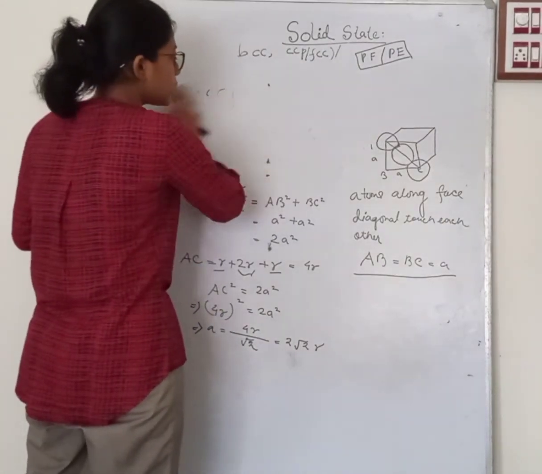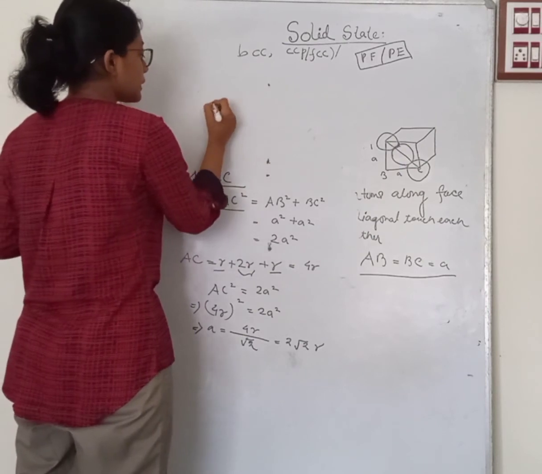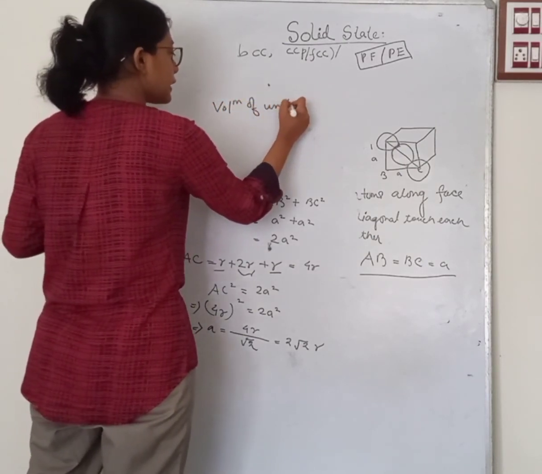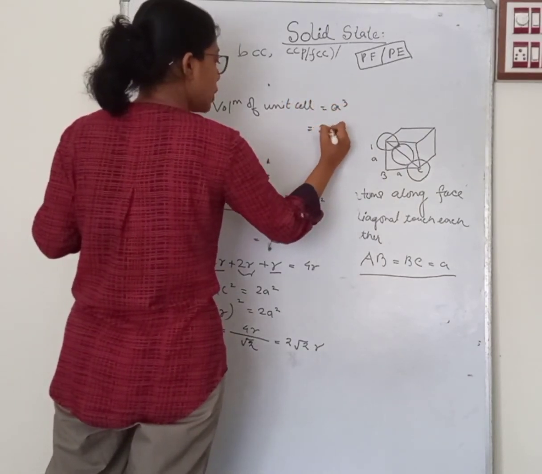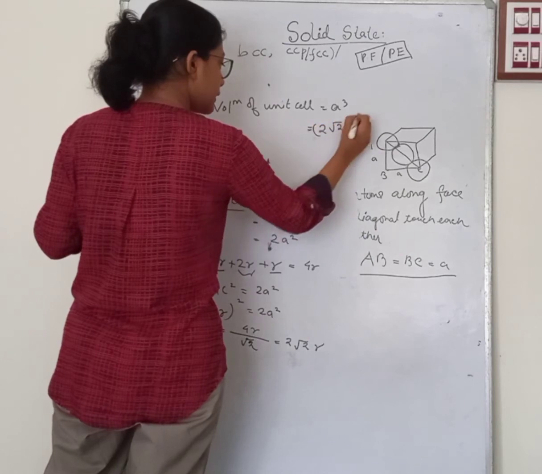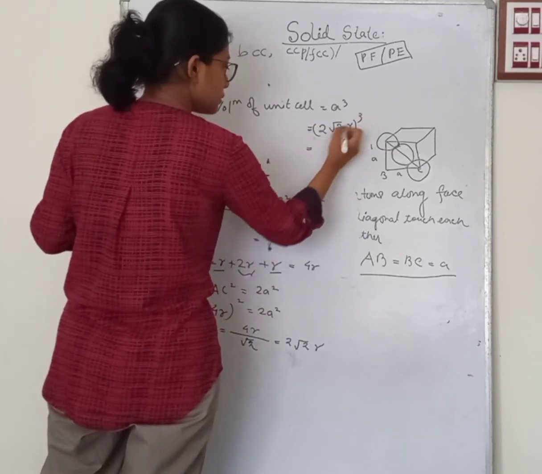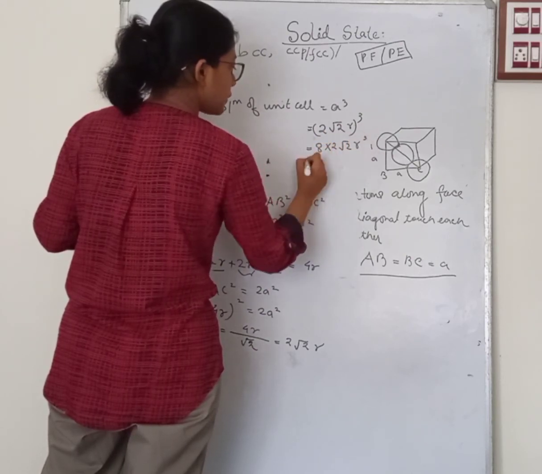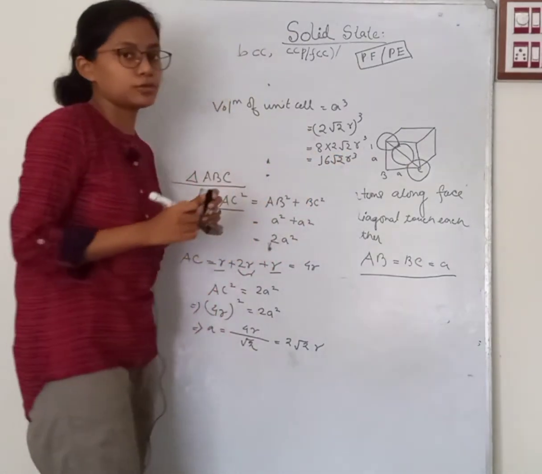Therefore, what will be the volume? Volume of unit cell is equal to a cube, which is 2 root 2 r whole cube, equal to 8 into 2 root 2 r cube, so we have 16 root 2 r cube.